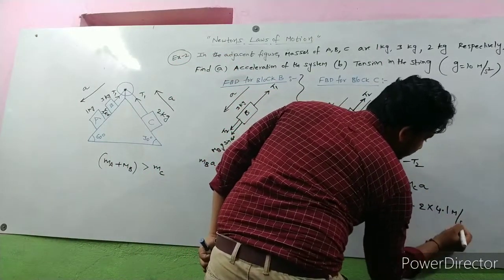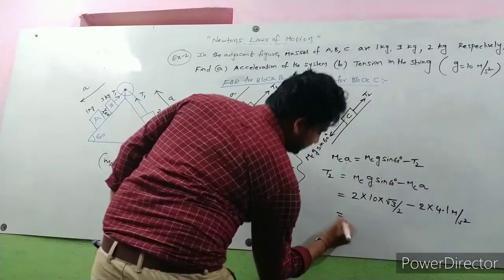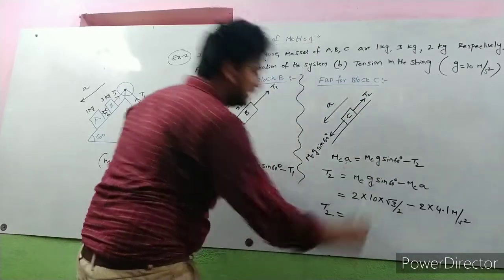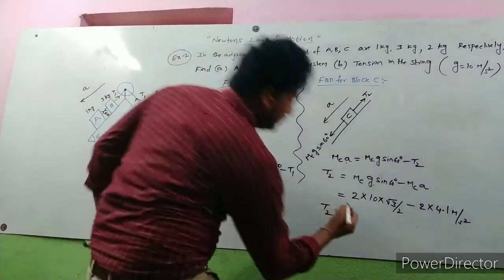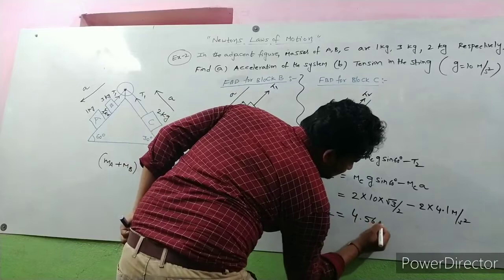So from this we calculate the T2 value, and finally we got T2 as 4.56 newtons.